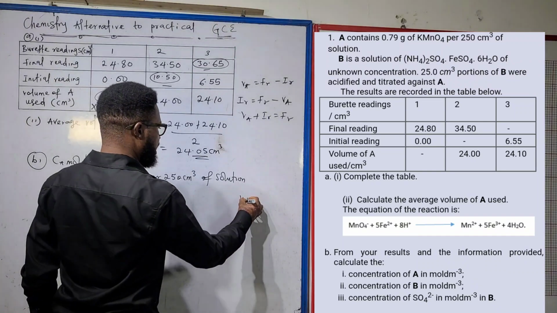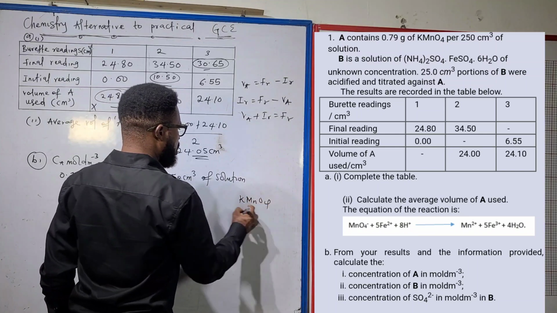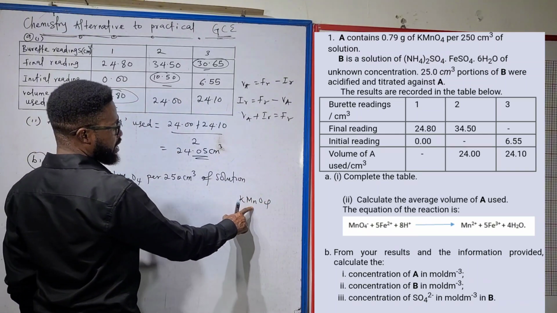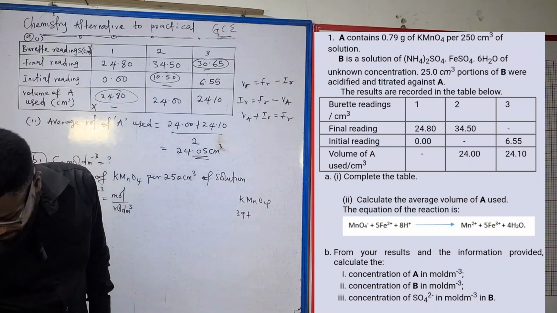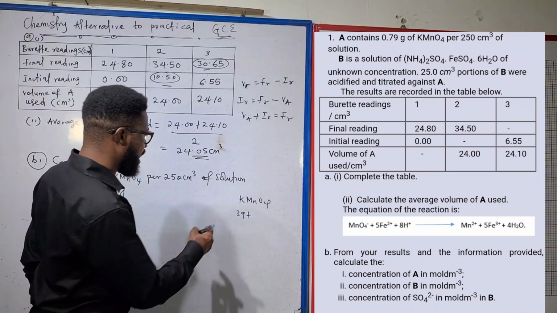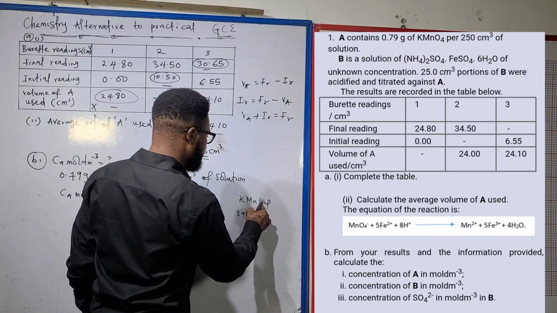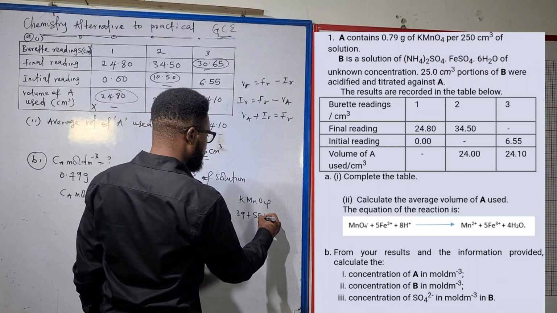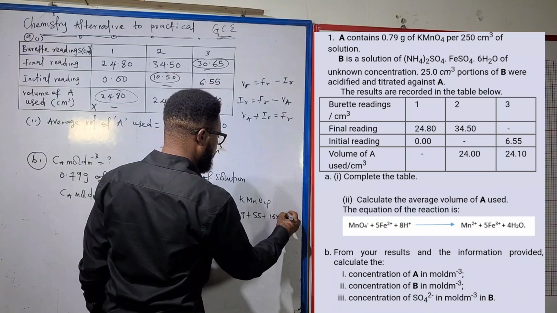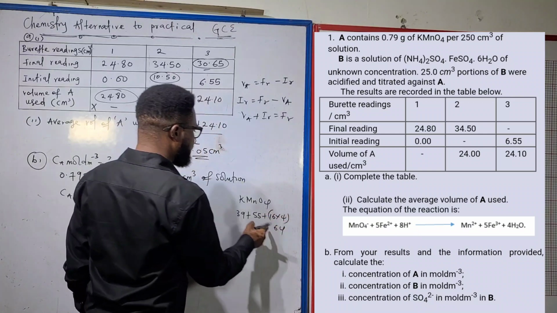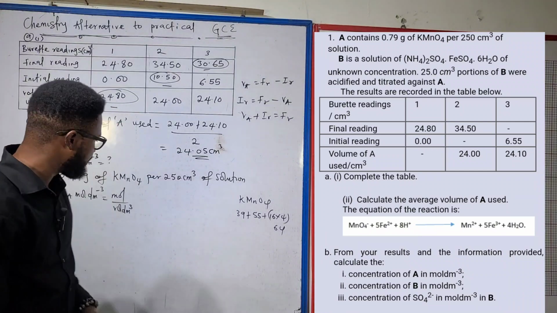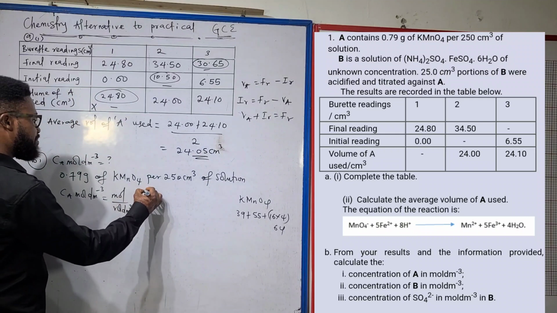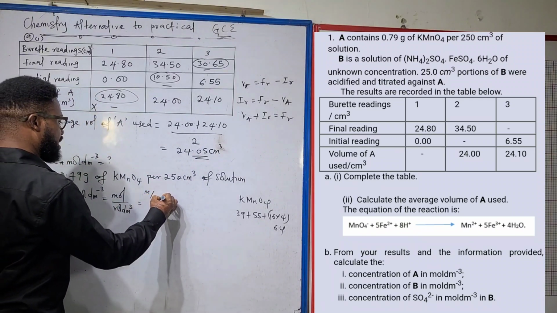If you calculate the molar mass, potassium is 39, manganese as given in the question is 55, oxygen is 16. Of course, 16 times 4 gives us 64. 64 plus 39 plus 55, we got 158. So this means mass over molar mass.